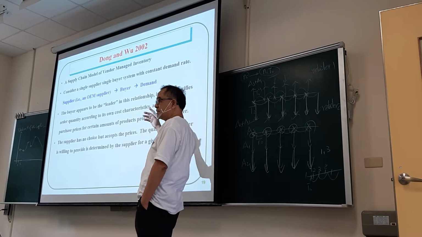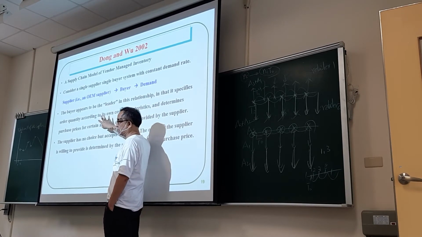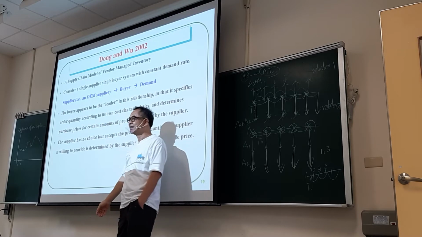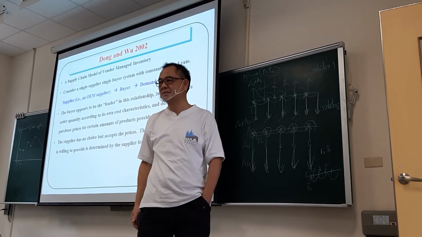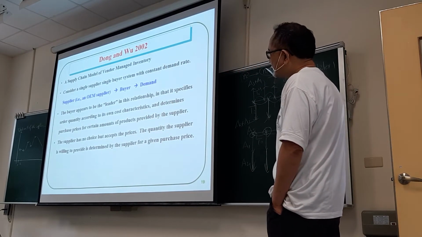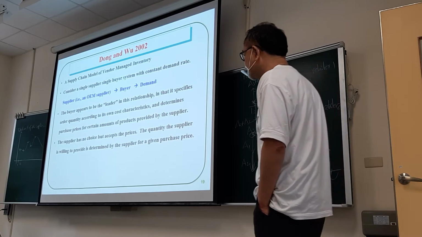You see, there's a very strong leader, right? Not only determining the wholesale price, but also determining the quantity. There are two things. So the supplier has no choice but to accept the price.